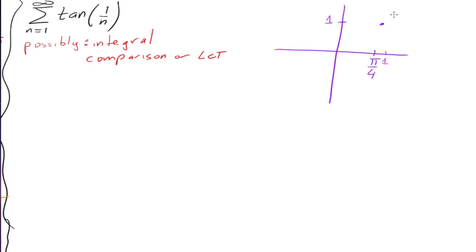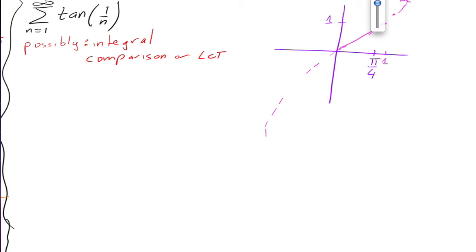All right, so something like that, right? And so tangent looks like something like that, right? So the part that I'm looking at is something like that, that little section.